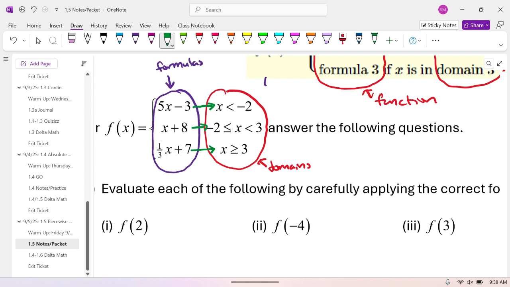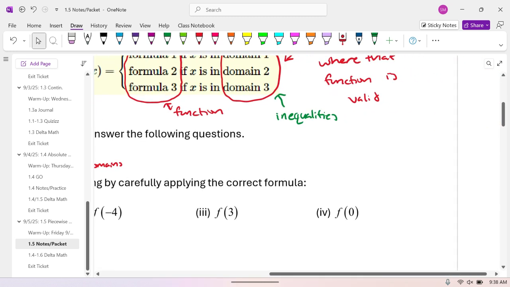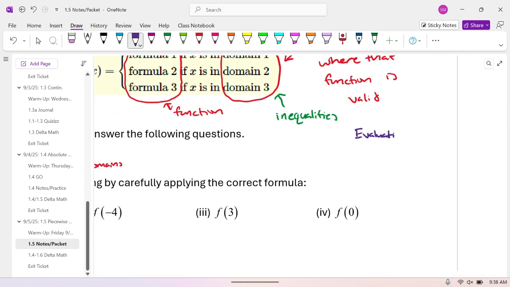So when we evaluate, you do not plug the number in for all three x's. You're going to only plug it into one of these. Okay. So off to the side, we're going to write a little bit of steps for evaluating piecewise.